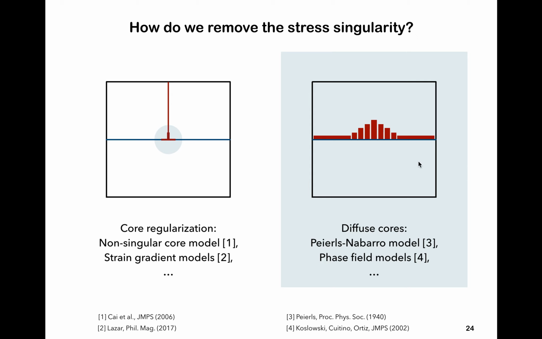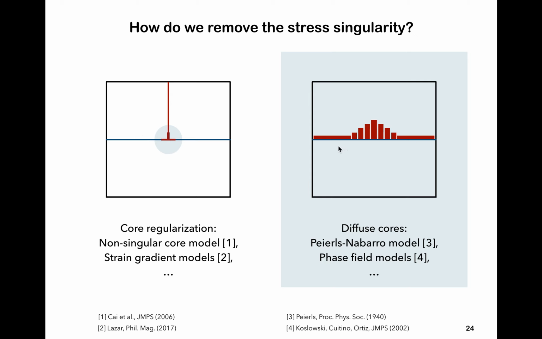Alternatively, you can come up with an entirely different class of models called the diffuse core models, of which the prominent examples are the Peierls-Nabarro model or phase field models. What they do is they say, okay, fine, the main reason why you see such a singularity is because you model the dislocation as this perfect singularity, this sharp line present at the edge of the slipped and unslipped regions.